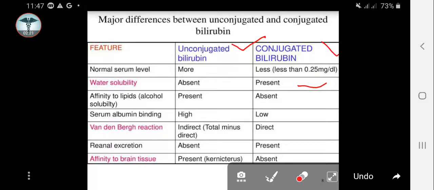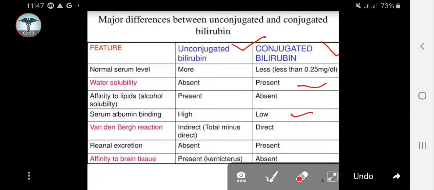So whenever it comes out of the macrophages into the blood, it is combined with albumin for the purpose that it becomes water stable, and the other reason is that it cannot leave the blood or enter the tissue. The serum albumin binding of conjugated bilirubin is very low, or we can say no binding with albumin.